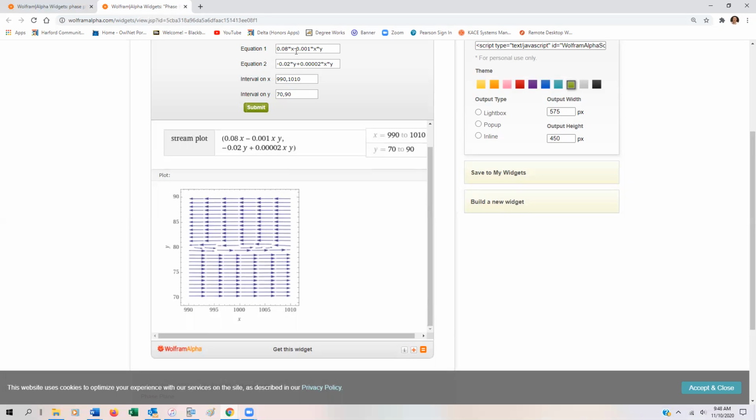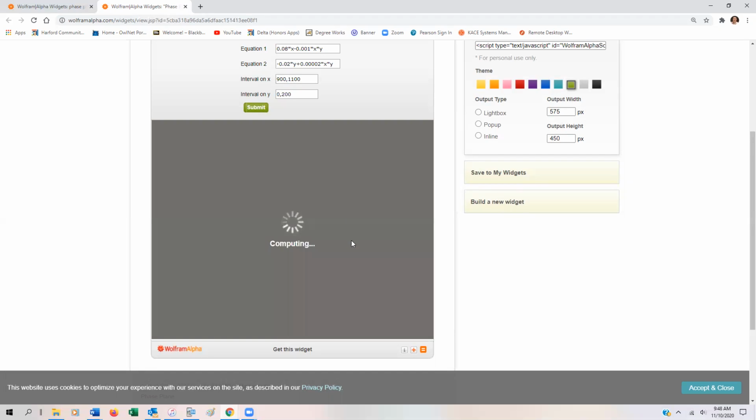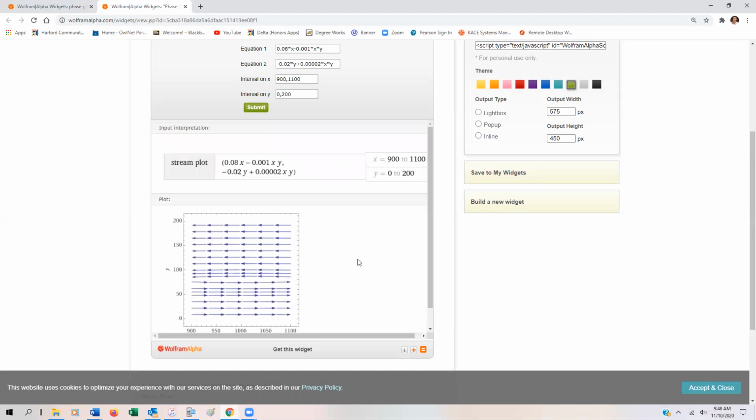If I zoomed out just a little and did something like 900, comma 1100, and then let's just say 0 to 200, just a little bit bigger scale, and submit it. Then we get this. We can kind of see right around that point, 1000 comma 80, that we get this divergent sort of behavior.